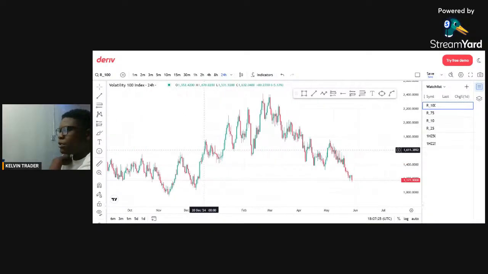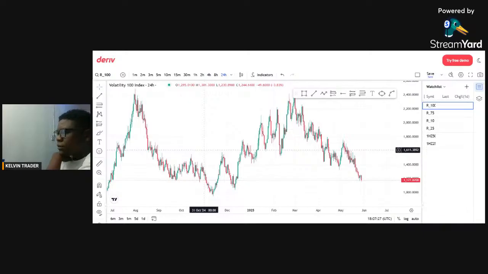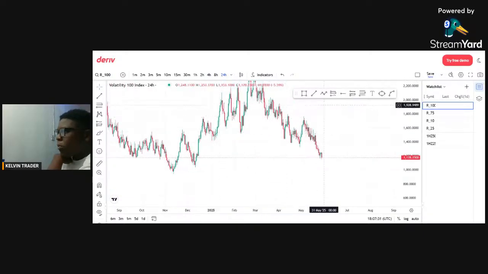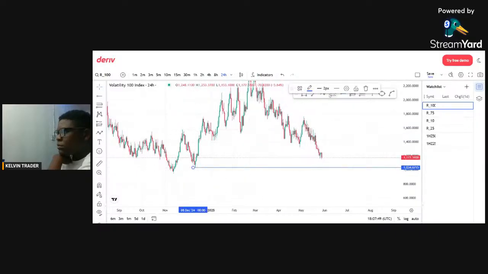VIX 100, as you can see, is on a consistent downtrend, and they were saying it should be taken out, which targets here, then next here.